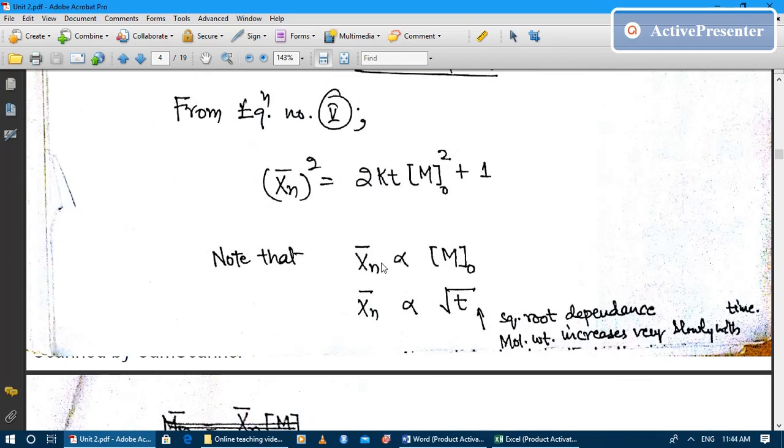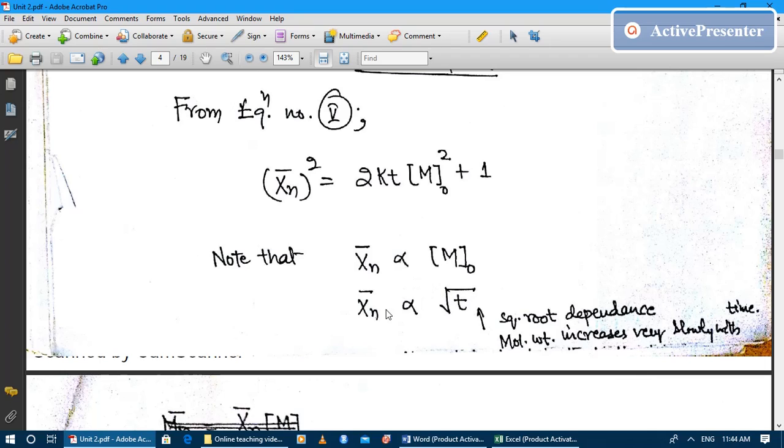Note that Xn bar in this equation is directly proportional to the initial concentration of monomer taken, M naught. Xn bar is directly proportional to M naught, and Xn bar is also directly proportional to under root of t.